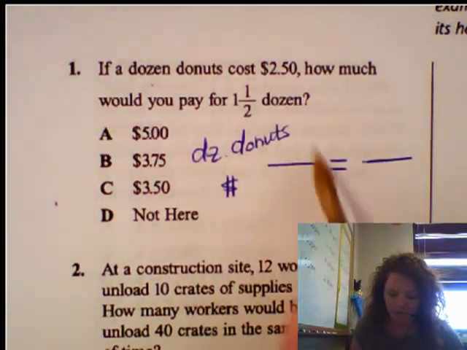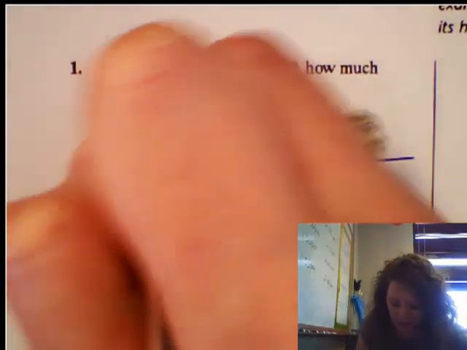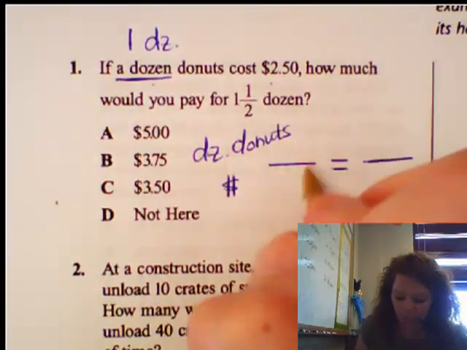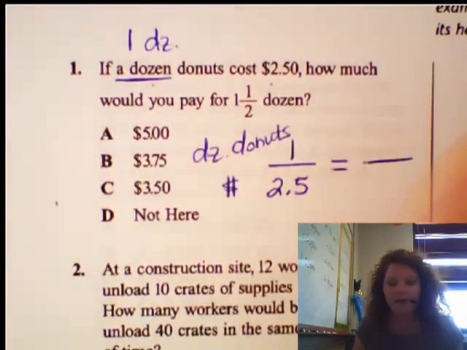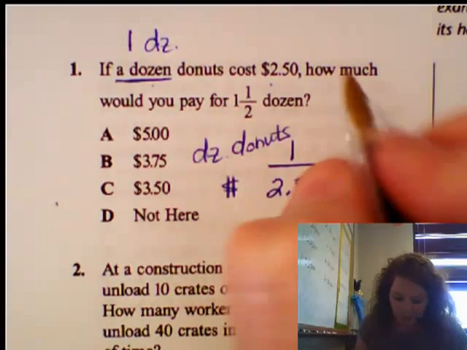What do we know? A relationship between how many dozens and cost. We know that a dozen, or 1 dozen, costs $2.50. So we could fill that in as 1 dozen is 2.5, and you could write it as 2.50 if you wanted. That's all right. And then what else do we know?